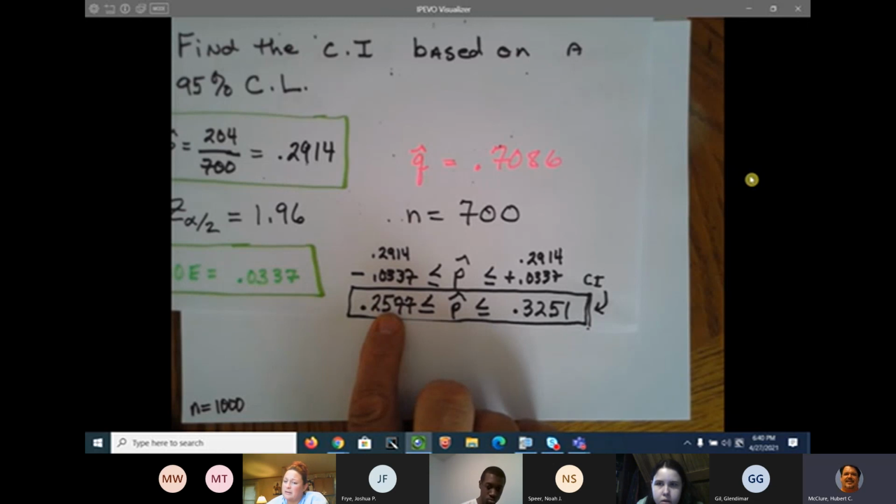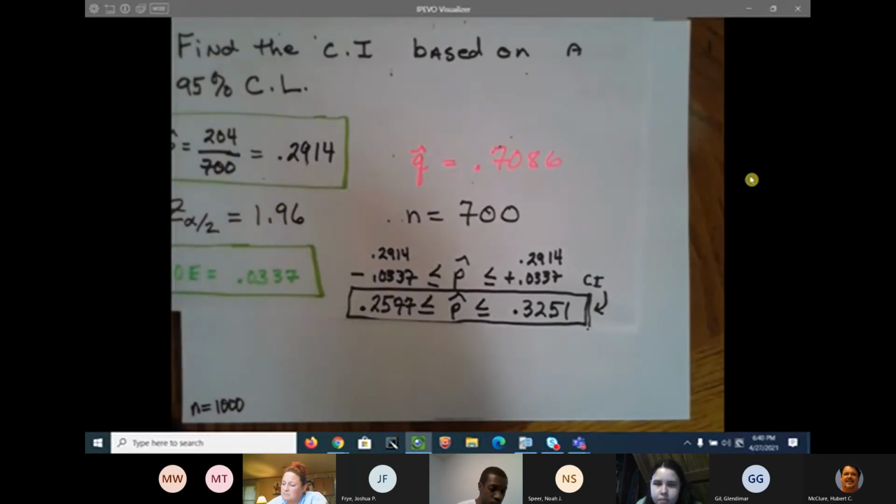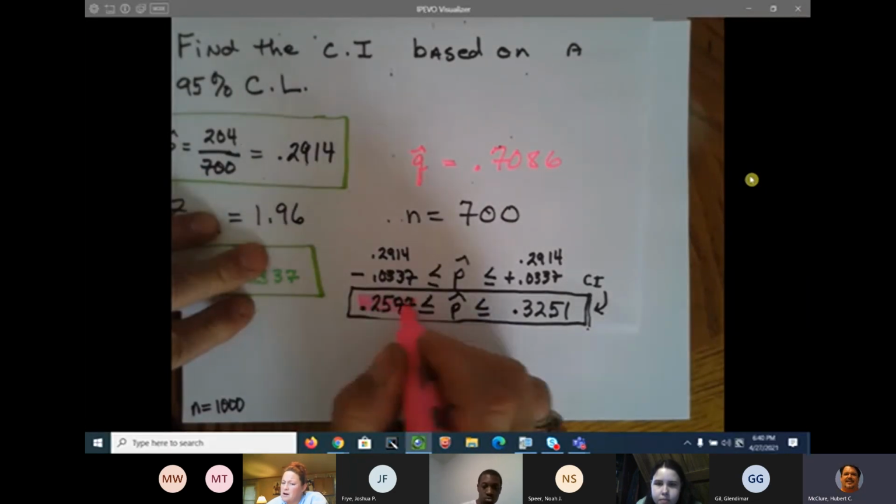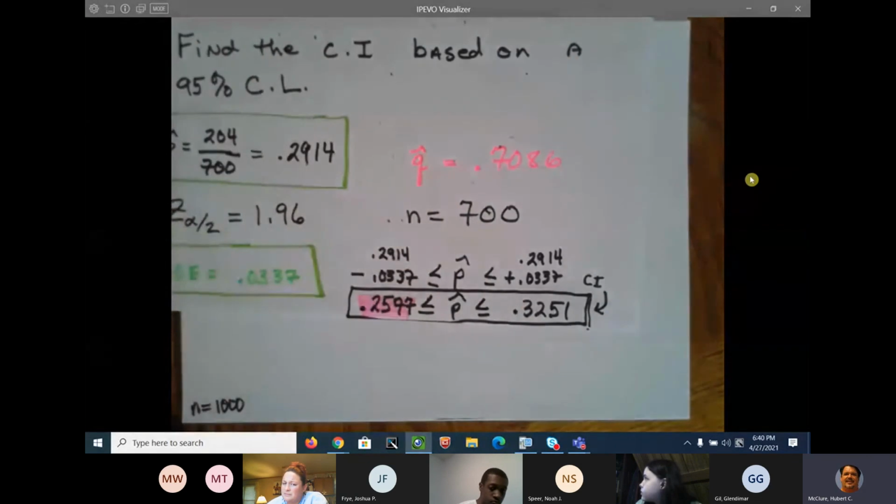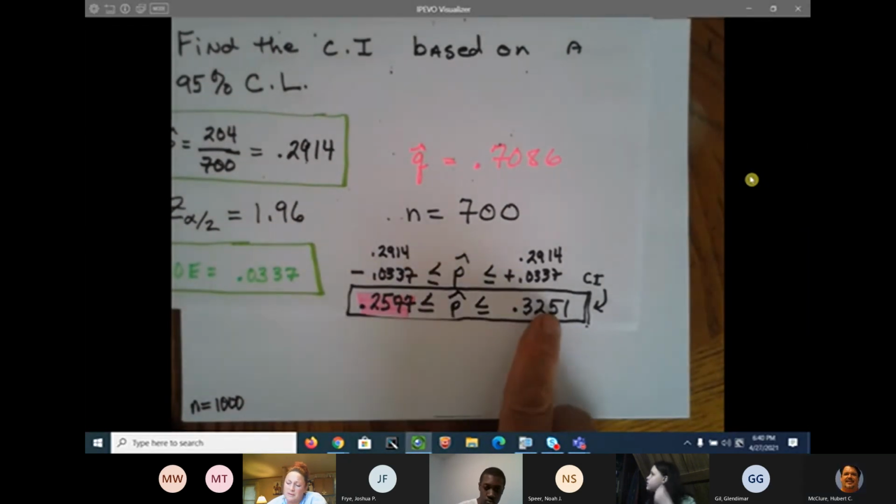Is that the upper bound or the lower bound? Lower. Good job. That's the lower bound. So write that down. Now, if that's the lower bound, what do you think this one is? Upper bound. So now you know what the upper bound and the lower bound is.